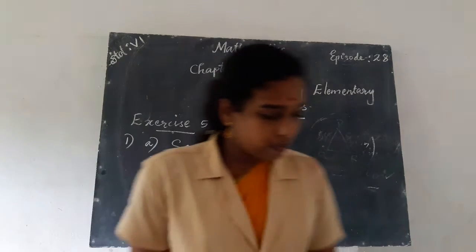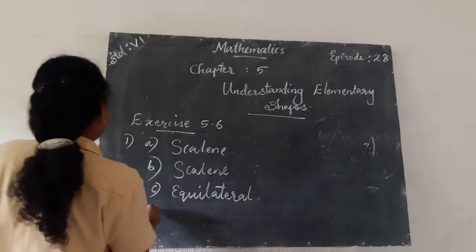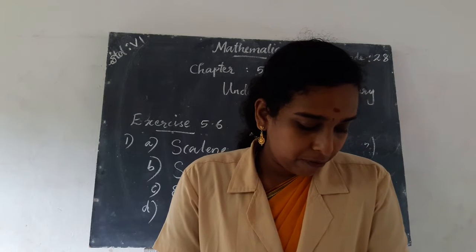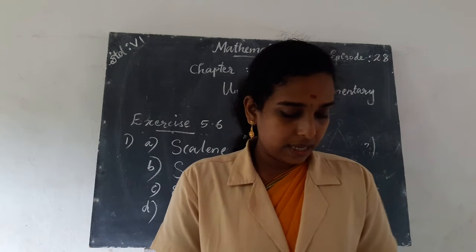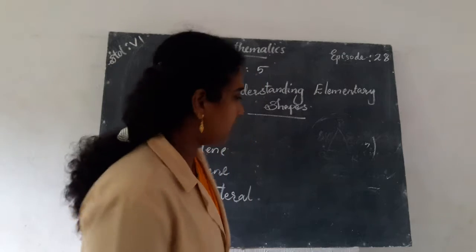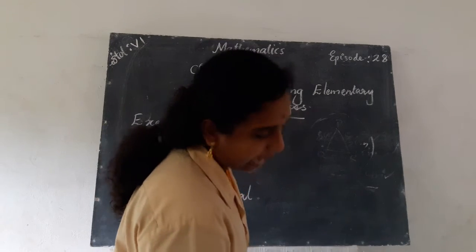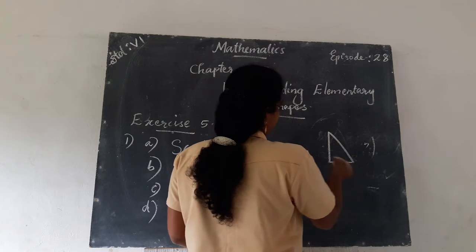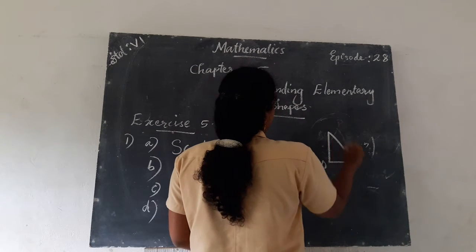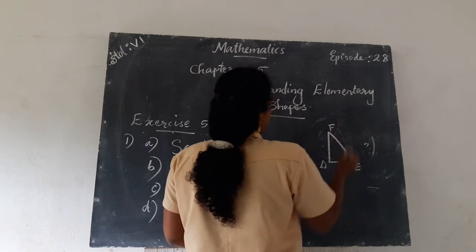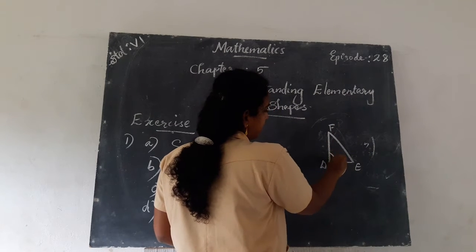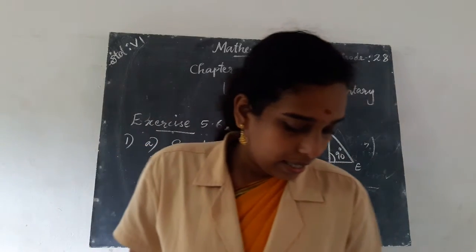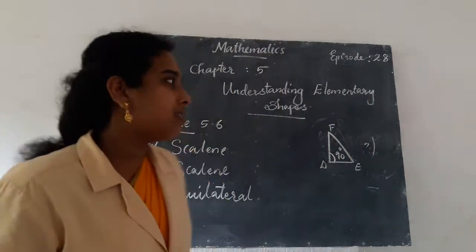Then the next one, D. Triangle DEF with angle D equal to 90 degrees. In triangle DEF, the angle D measures 90 degrees, so it is a right angled triangle.